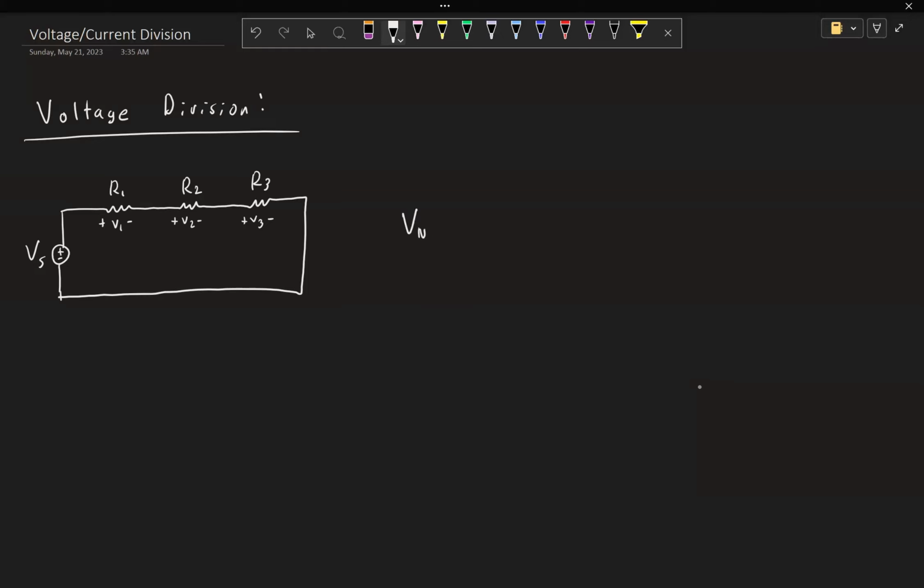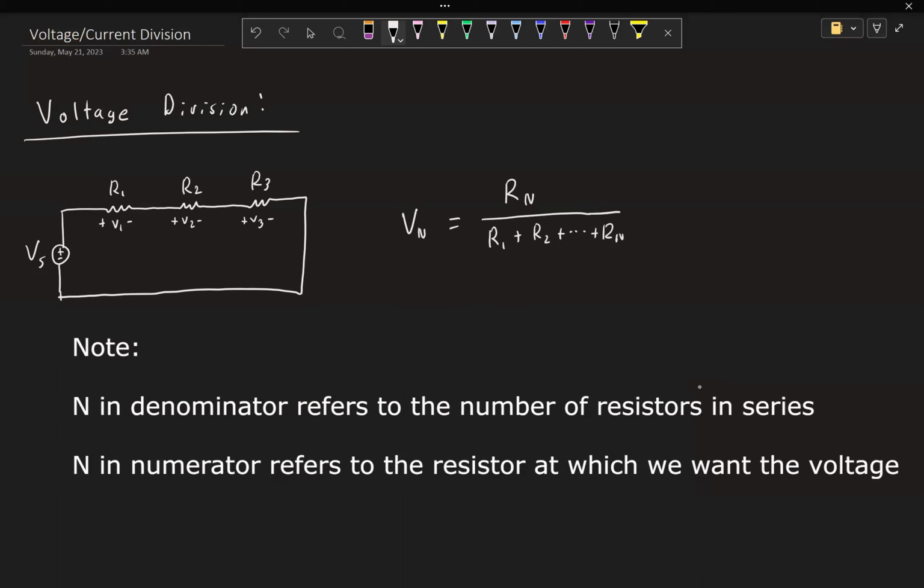The voltage at any resistor N is just equal to the resistor N over the sum of all the resistors, times the voltage source.